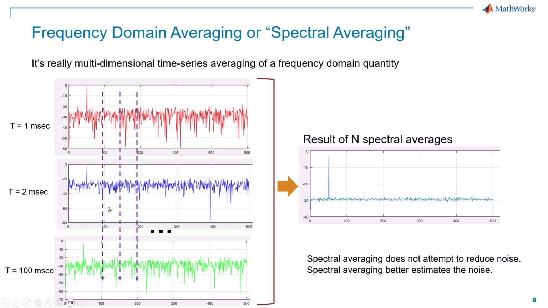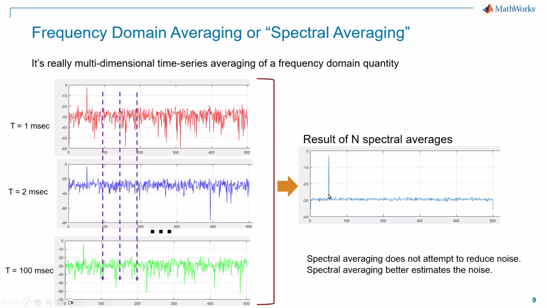Each value is a frequency domain quantity, but those quantities are spaced in time by 1 millisecond in this case, or whatever your sample rate and FFT size give you. We go across each frequency bin, then across time for each frequency bin, and come up with an average value.